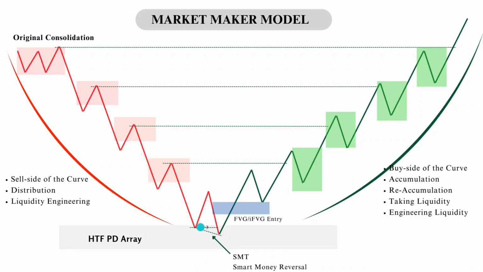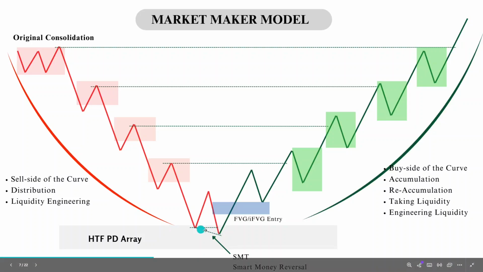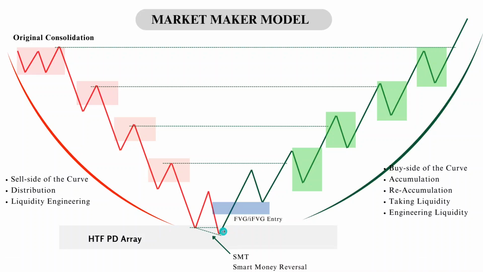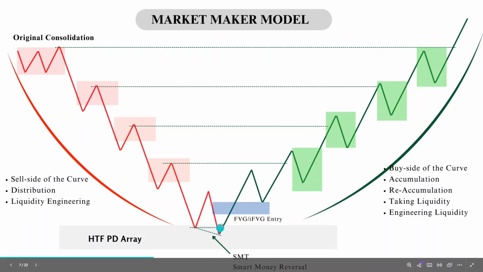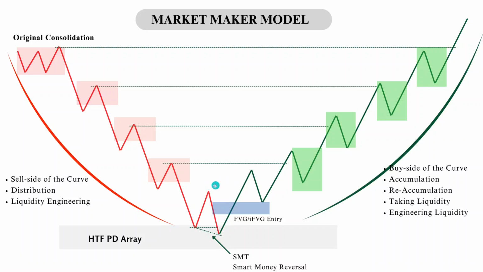We see price go down to sweep this liquidity and create possibly a smart money divergence. Then the market must move and close beyond the swing high of the sell program. Then you can position yourself to make your entry using your entry criteria.